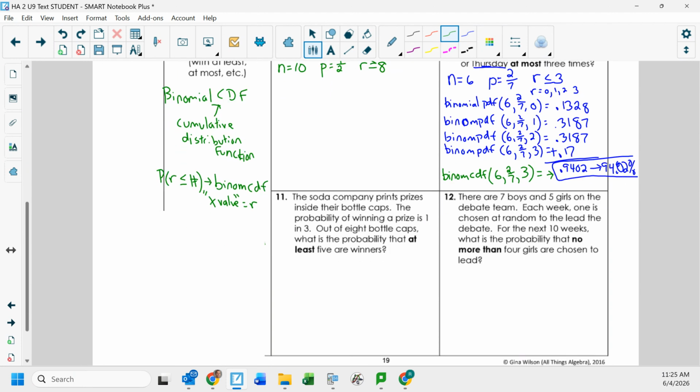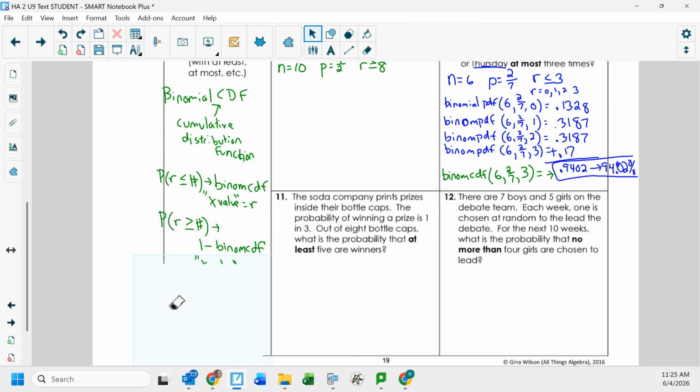And the other part of that trick is, when the R is greater than or equal to a number, we do 1 minus our binomial CDF because we want everything else. The CDF is always doing 0 to our R value. And our X value is going to be R minus 1. Because we want to include 8 in our values since it says at least 8.